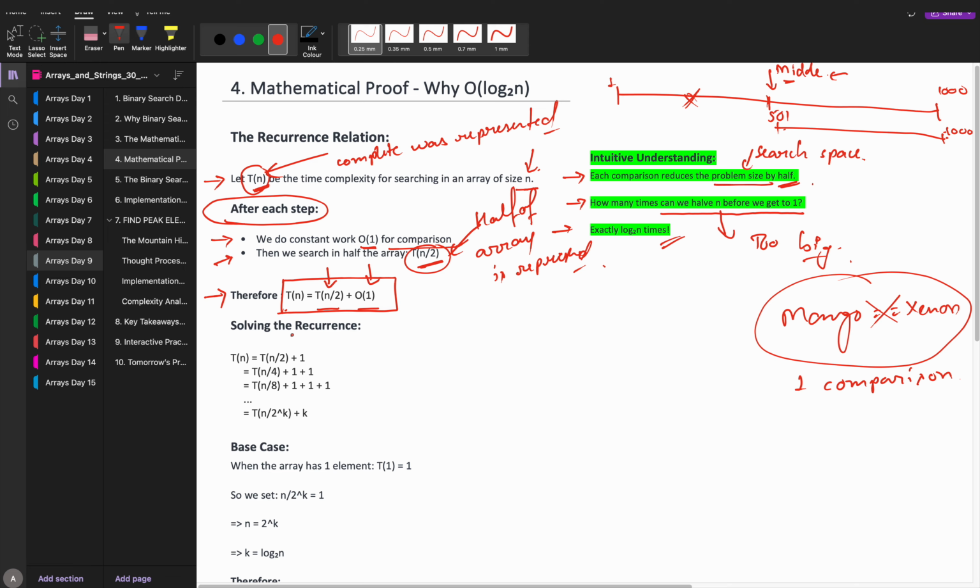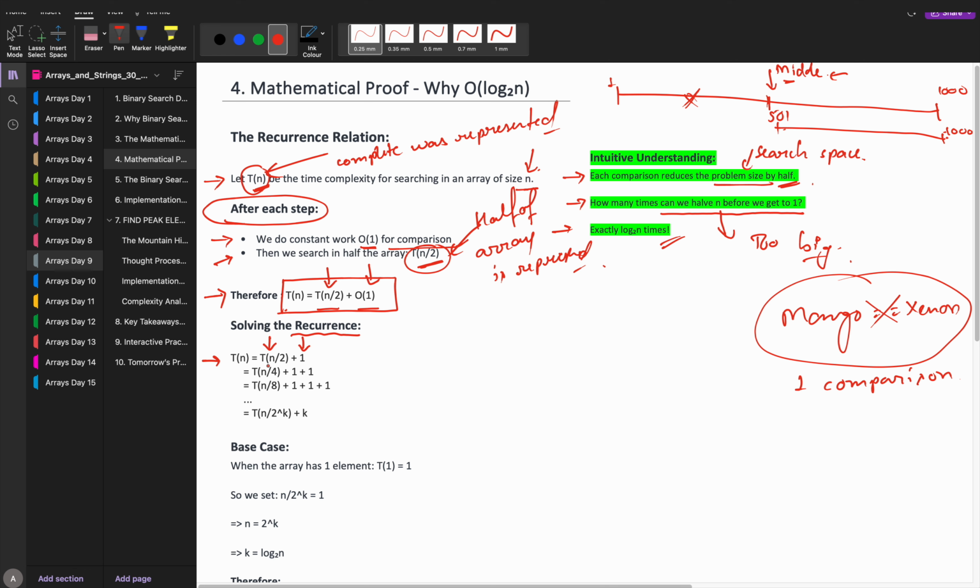This is nothing but a recurrence relation. Don't worry about it now; let's understand it intuitively, because at every step we keep dividing. After the first step, T n equals T n by 2 plus 1, because I have reduced the problem size by half, and this was the time taken to do one comparison.